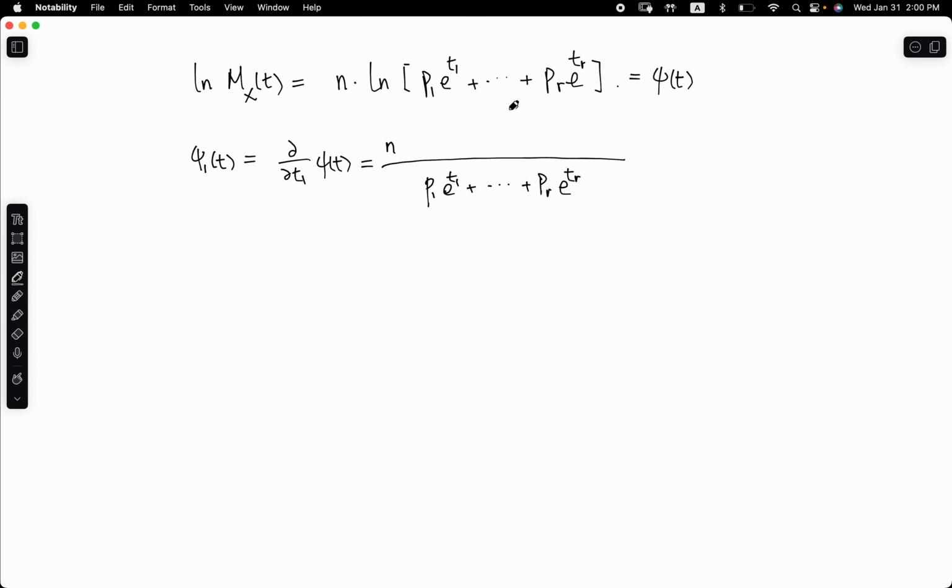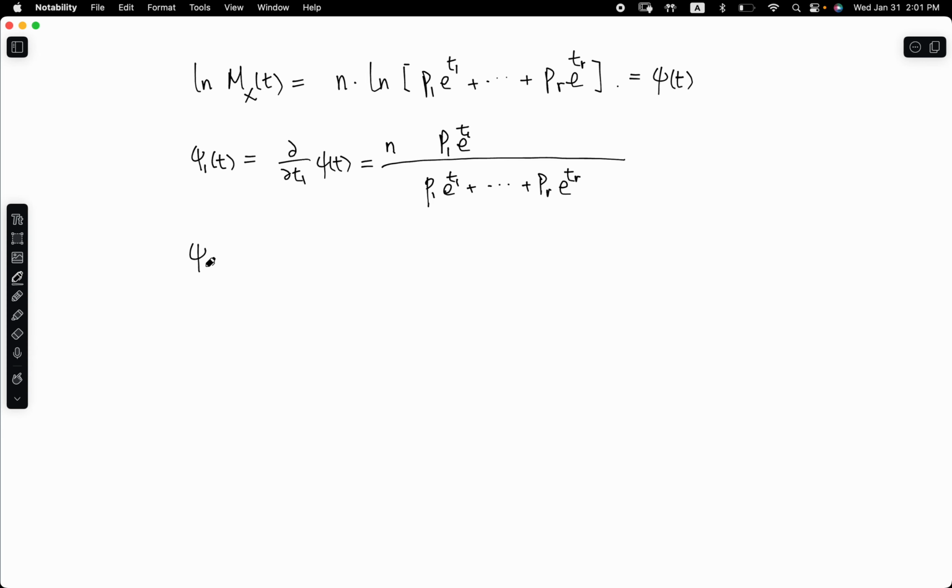So the things inside the log, the things involving t1 is only the first term. So we just multiply. So this is just applying the chain rule for the things inside the parenthesis. We have the constant multiplied by itself. So this is just the first order derivative.